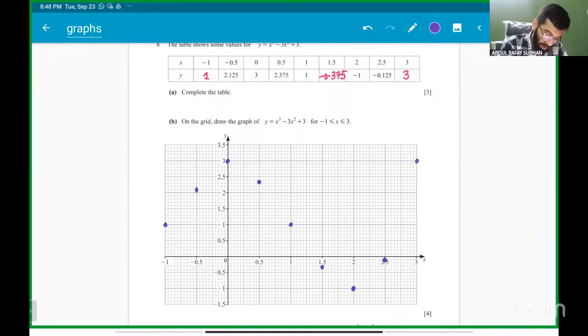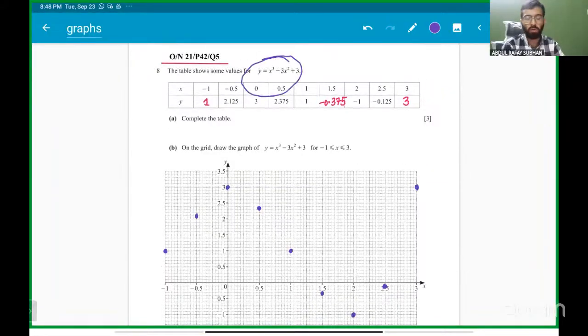Is everyone clear? Understood? Got it? So let's just sketch it. It's a cubic graph. As you can see, highest power is cube, students. So it's a cubic graph. It's very simple. Just make it with the flow. And with these points, this should be -1 and +1 and negative 0.5, 2.125.